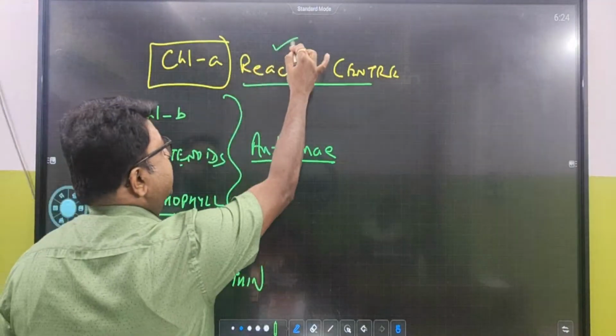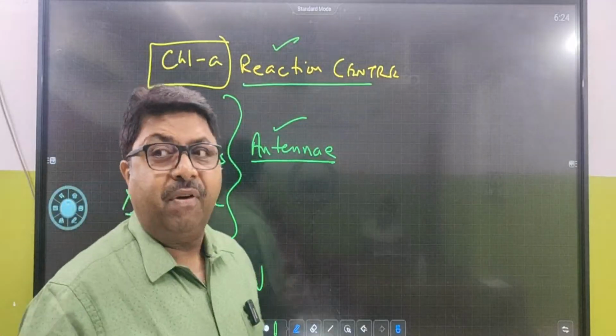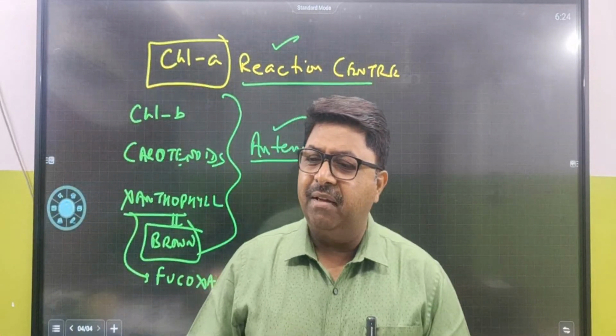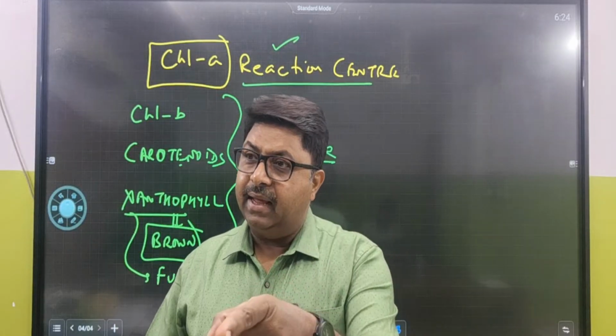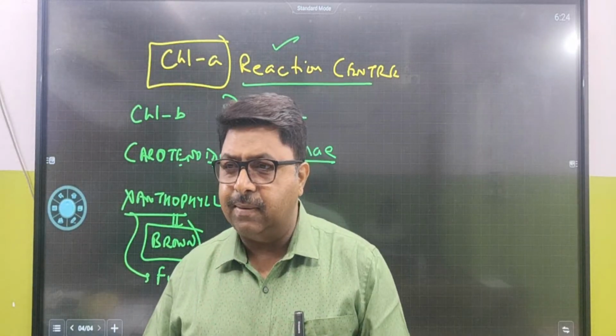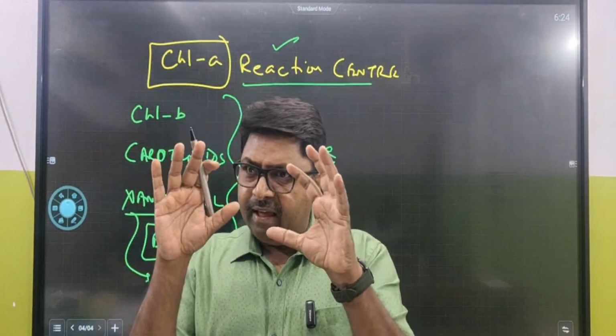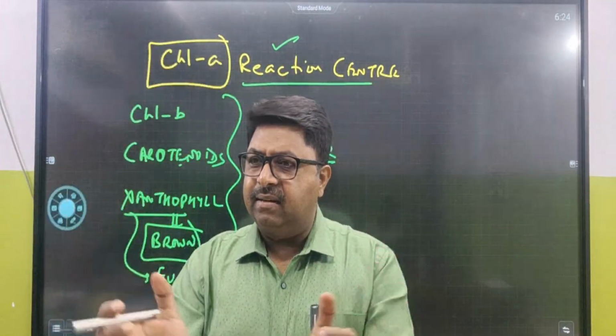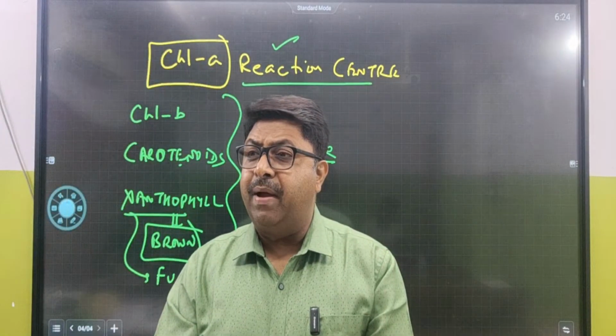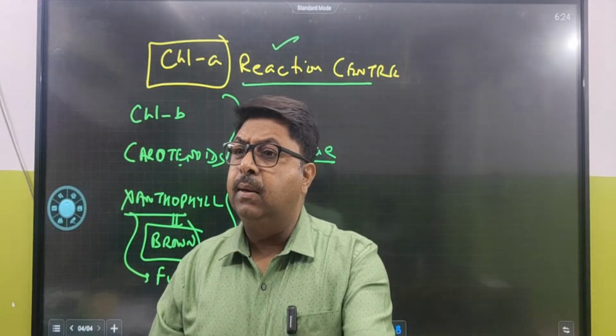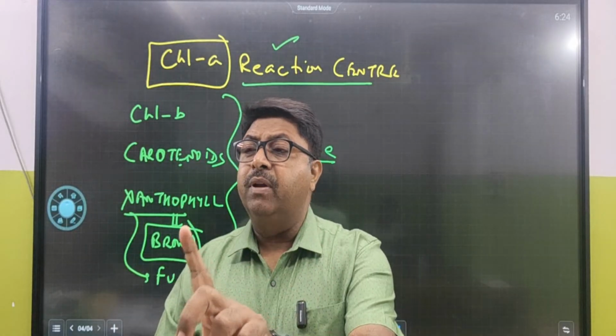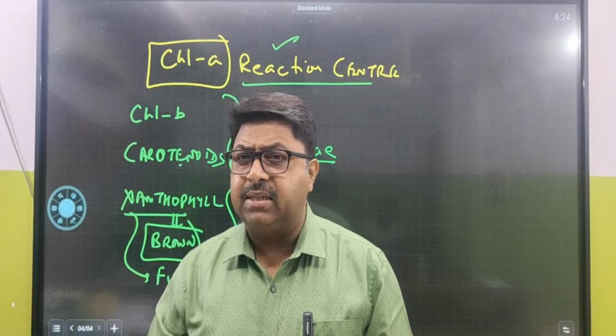So, what is the reaction center and the function of the antenna? The reaction center is always chlorophyll A. This is the main reaction center. The composition of the antenna is mainly carotenoids, xanthophylls, and chlorophyll B. So chlorophyll B is not the reaction center, mind you.